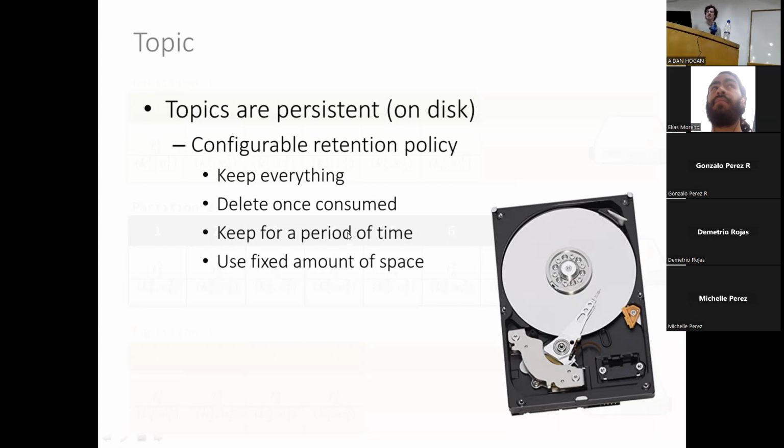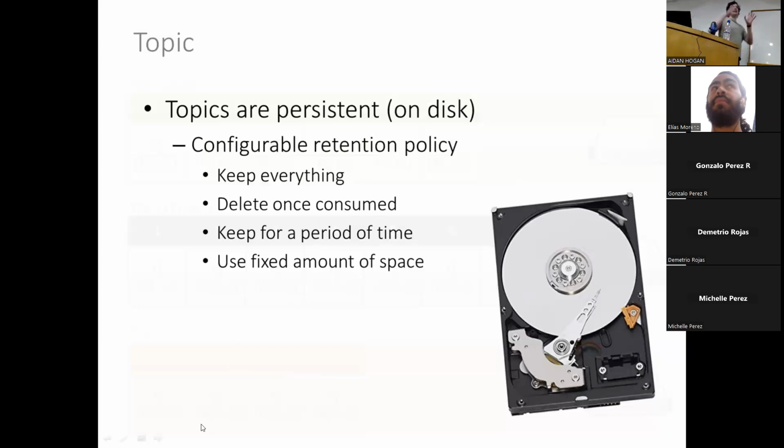Another retention policy is to delete once consumed. If we know that there's only one consumer, then we can maybe opt for this. Once it's been consumed by a consumer, delete the message, which obviously will not allow any replay afterwards. We can keep for a period of time.